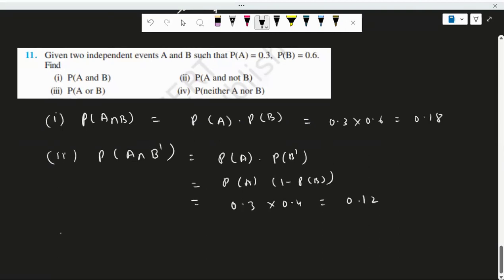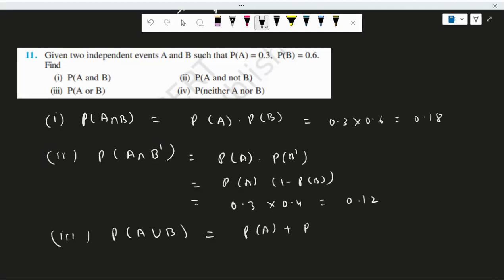Third part, P(A or B). Or means union. That is P(A) plus P(B) minus P(A intersection B).